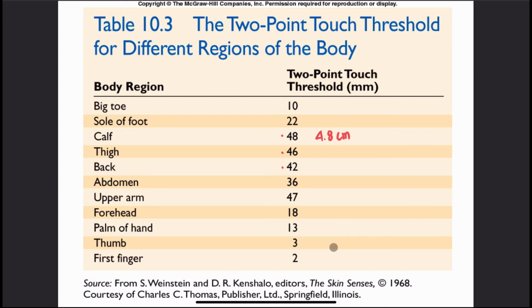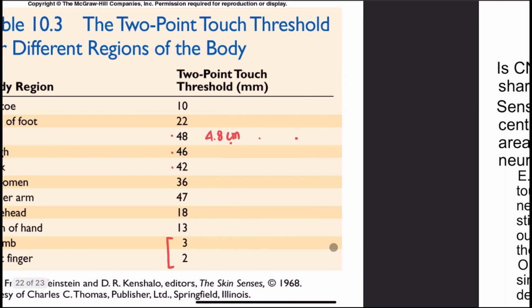And what that means is that your calf will only be able to distinguish 2 points if they are at least 4.8 centimeters away from each other. If it's any closer than that, it'll perceive that it's just 1 point. And then look at the fingers, they're really close together. And that's because there's a higher density of sensory receptors there.